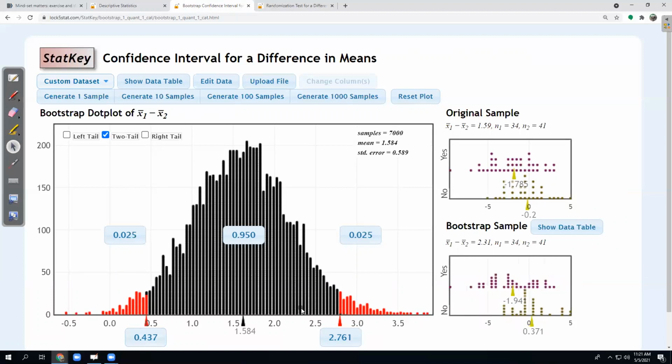Based on this confidence interval, do we expect there to be no difference in weight loss between people who knew it was exercise and people who didn't? That 0 isn't in this interval. So that's interesting. Let's go to the hypothesis test and see what happens.